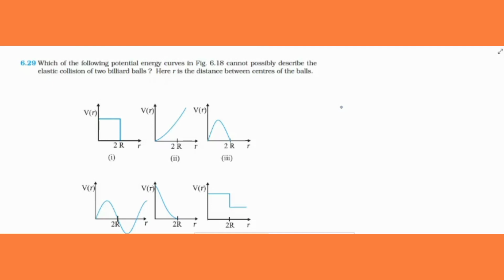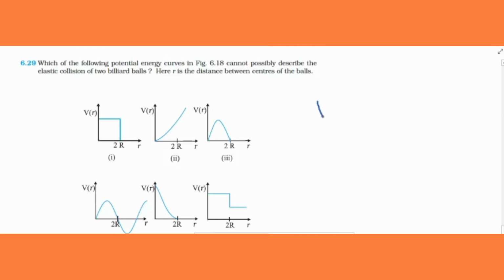So a collision you can take when the objects are coming close to each other due to some attraction like that, then you can see what happens there. In such a situation, the potential energy decreases and kinetic energy increases. We will do the derivation in another chapter, gravitational force.